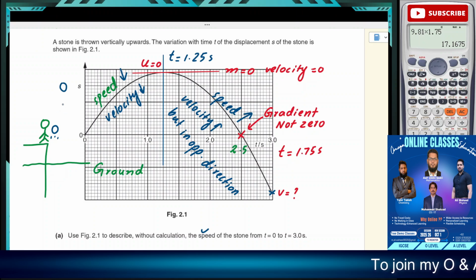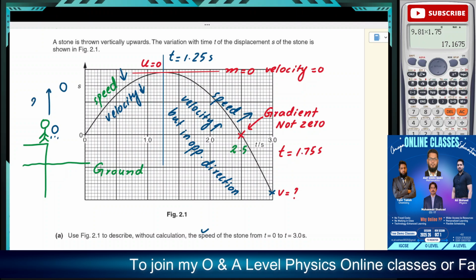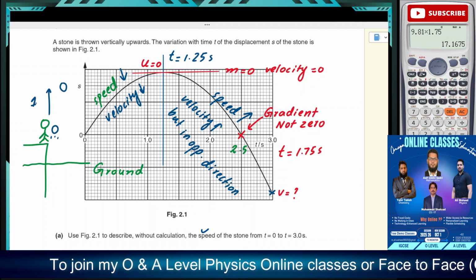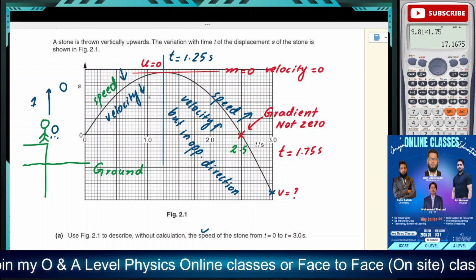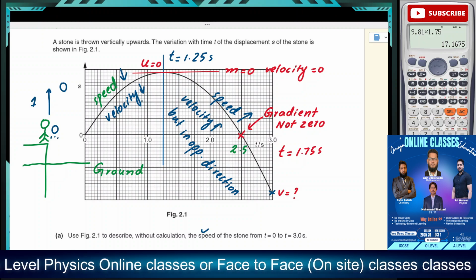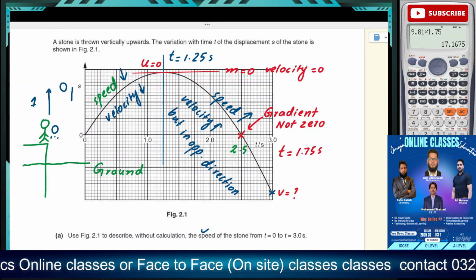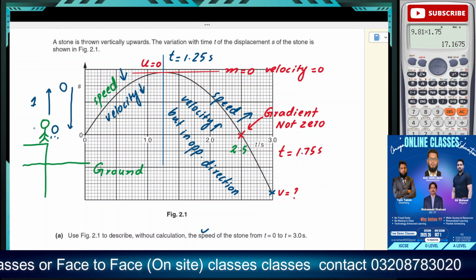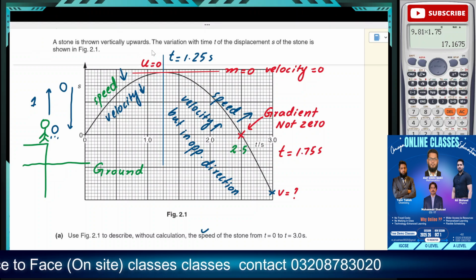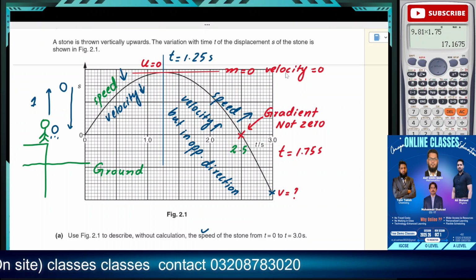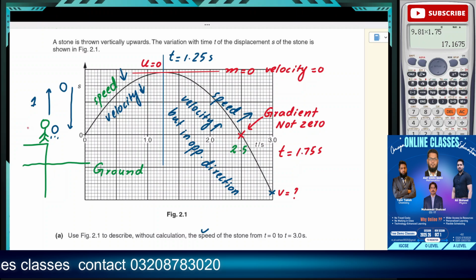It should travel vertically. So initially, it would go upward. This is the first stage, which is till 1.25 second. Then it comes down back to the reference point. The reference point is the one from where we initially threw the object upward.